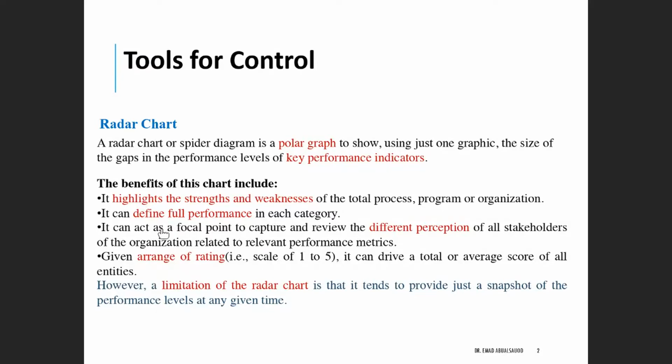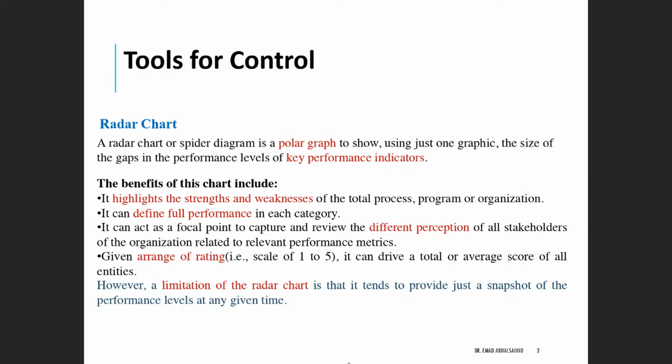Also, it acts as a focal point to capture and review the different perceptions of all stakeholders. It gives rates from 1 to 5, or you can put low, high. This is where you have your room for implementation. You can use either a scale from 1 to 5 or low to high.